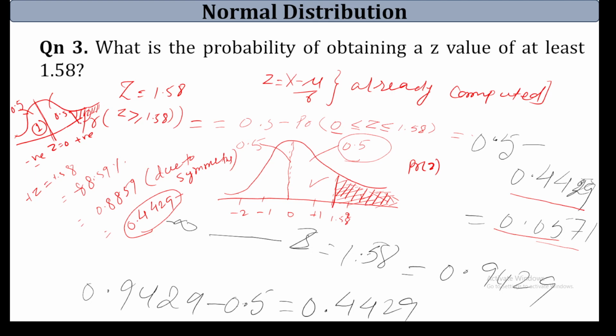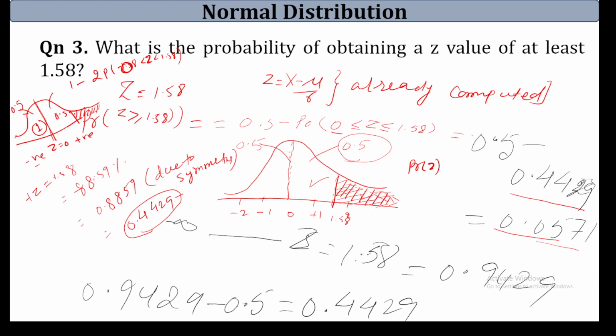Even though you can also go for the minus 1.58 to plus 1.58, 2 times of 0 to Z equal to 1.58. So that means total area from minus 1 to plus 1, and total area we know is 1.